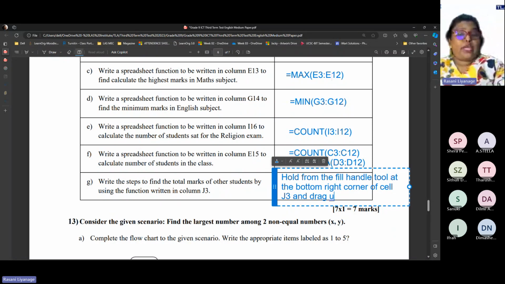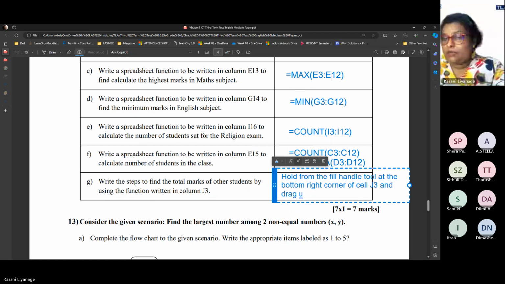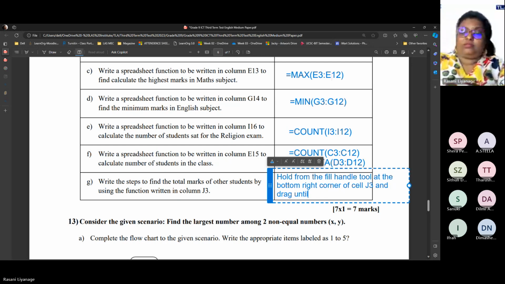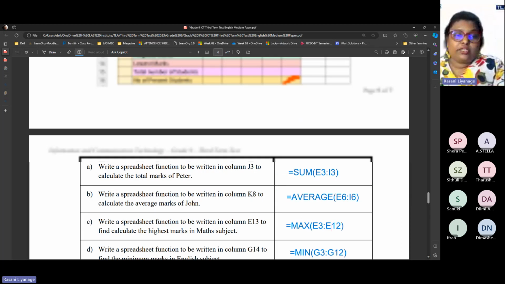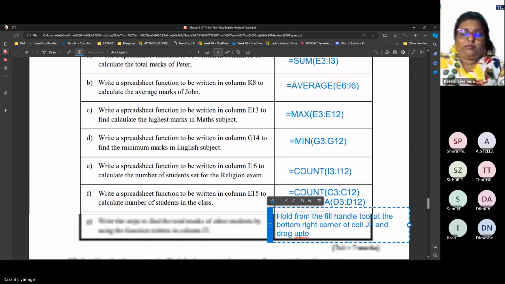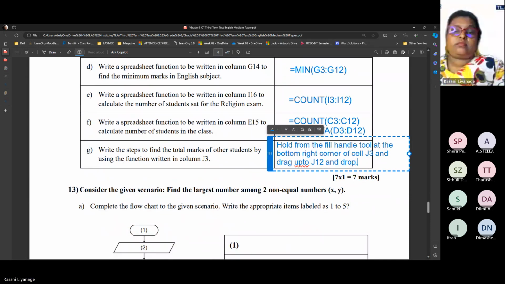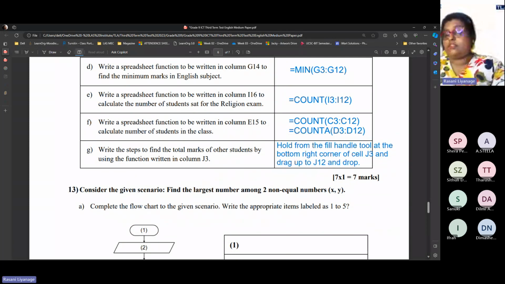Which fill handle tool, in which cell, and up to which cell are you dragging it? That you have to say. Sorry, from J3 up to J12, and drop. That's how you have to write it. Write it exactly like that. We get this often, children.